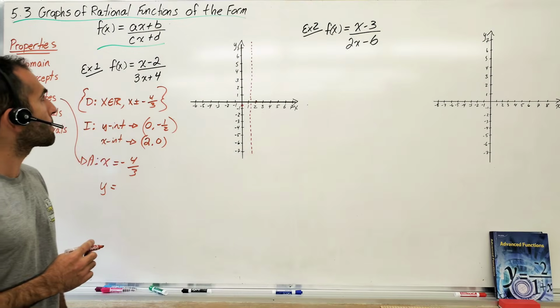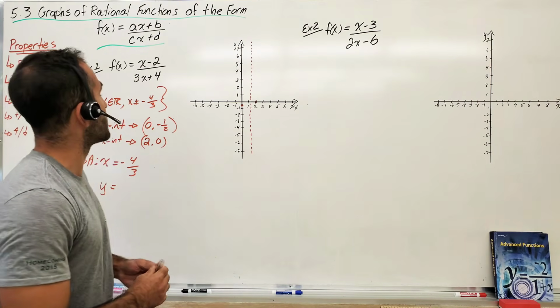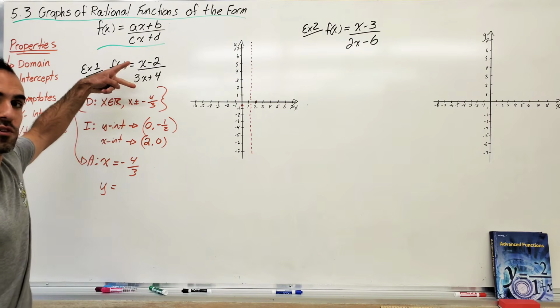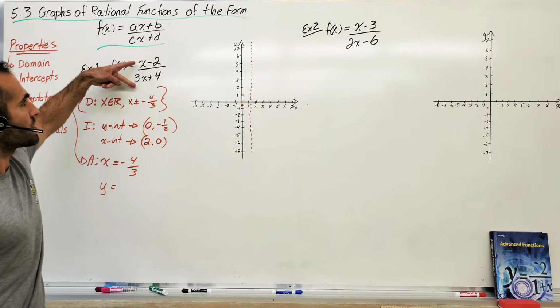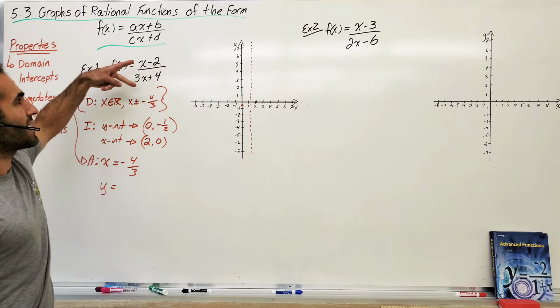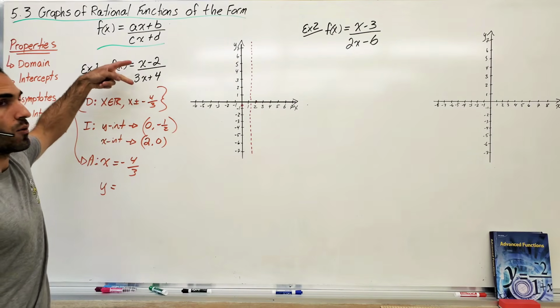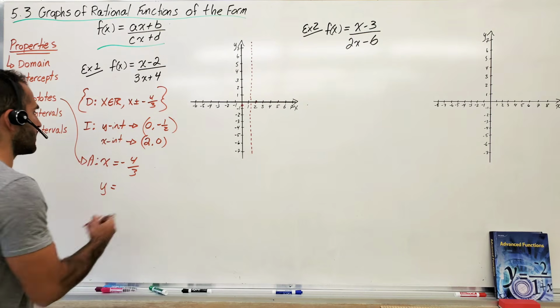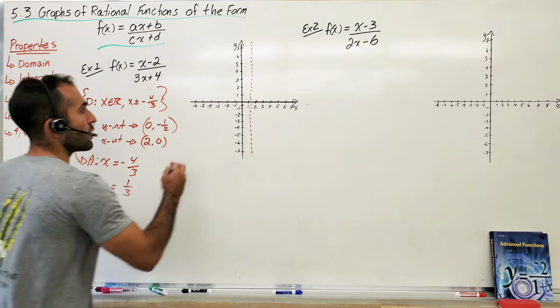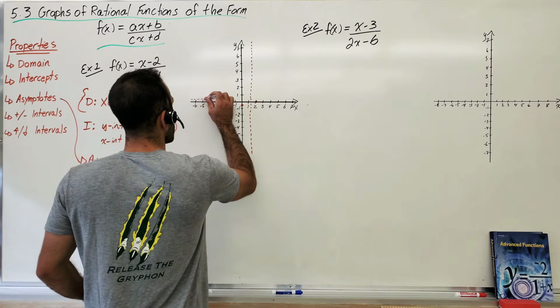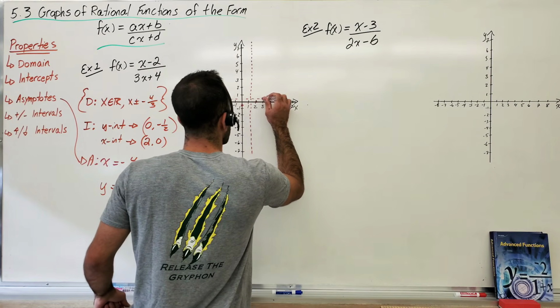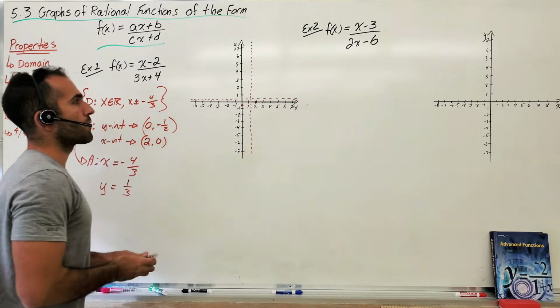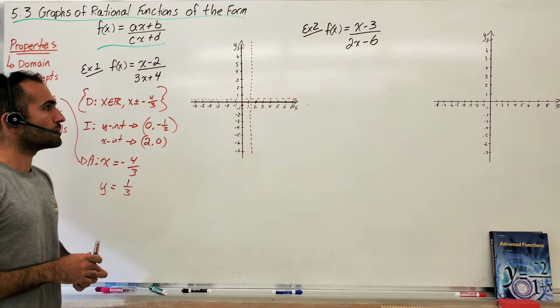Big miss. Okay, remember from 5.2's lesson, when the degrees of the x's are the same, you need to look at the coefficients. So the horizontal asymptote, as x approaches infinity, is going to be 1 infinity over 3 infinities, which is really 1 over 3. So at 1 over 3 here, I have a horizontal asymptote.